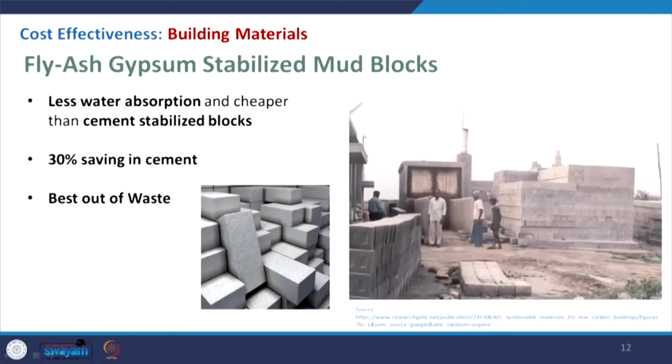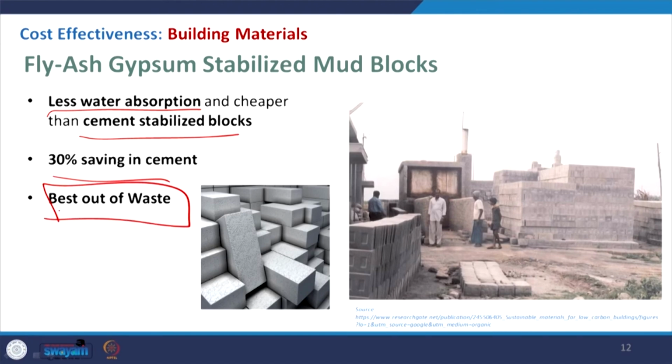Coming to the fly ash, now fly ash is basically industry waste, and in many parts of India they are in practice to use the fly ash. So, less water absorption can be one of the savings in the water industry. Then it is also saving 30% cement, basically waste out of waste.